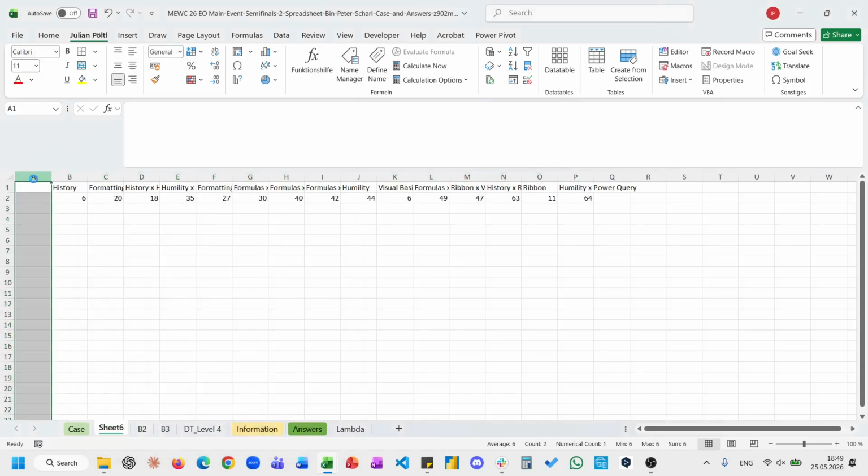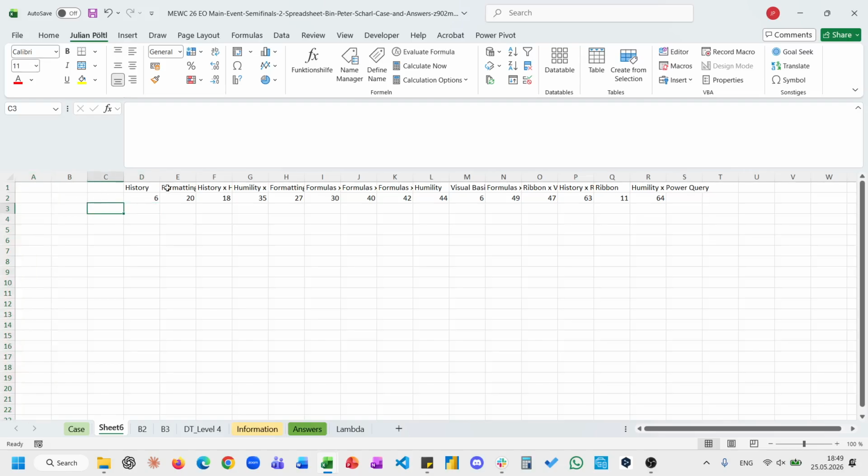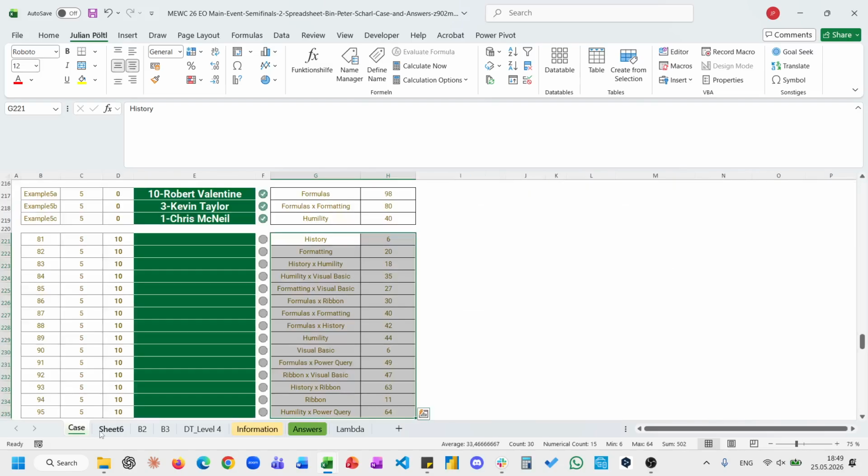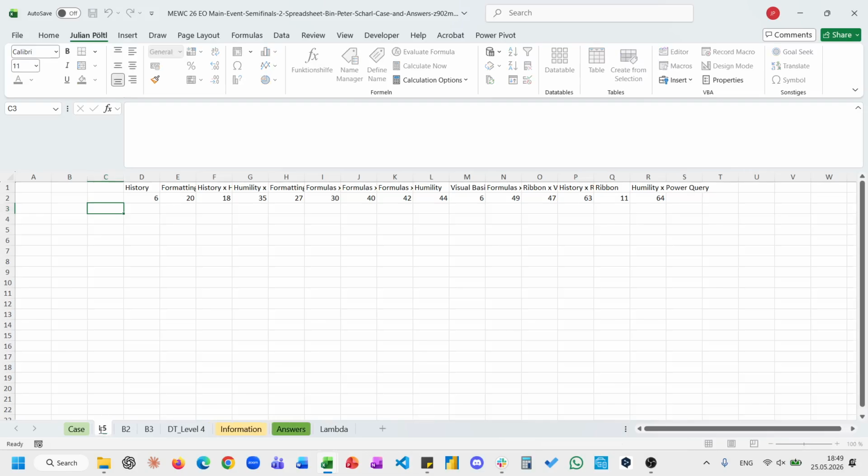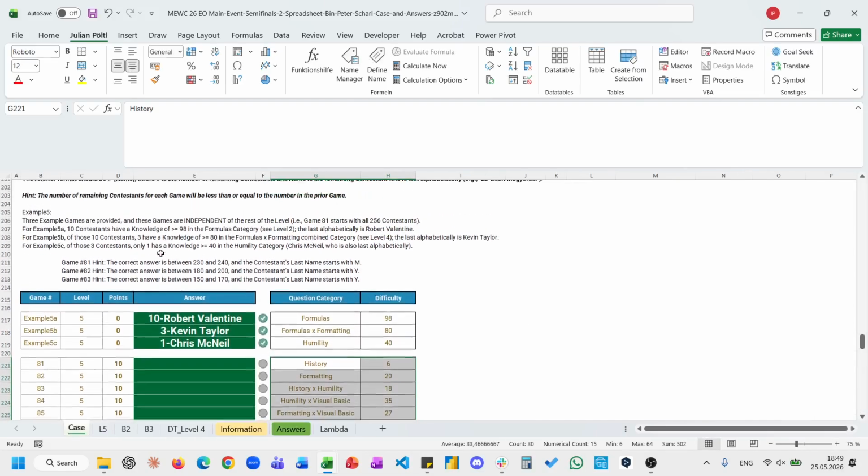So here we go. L5 to have proper formatting.